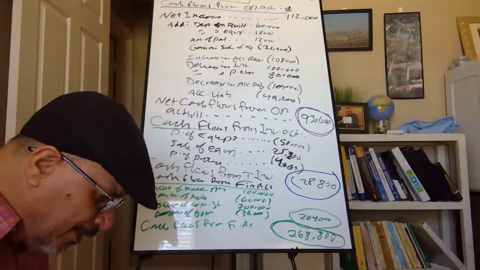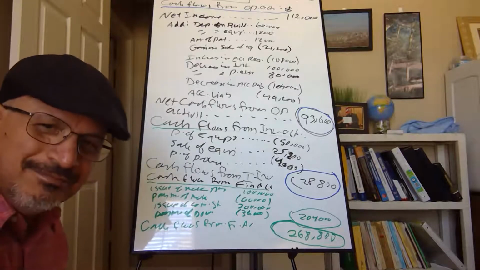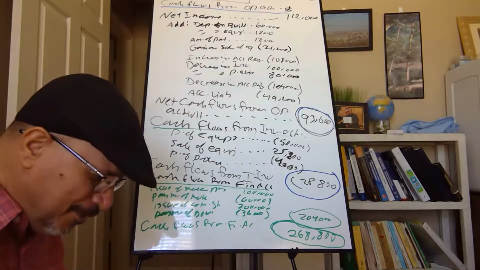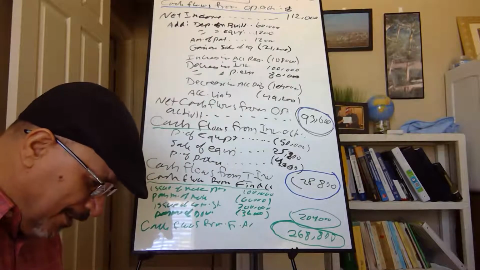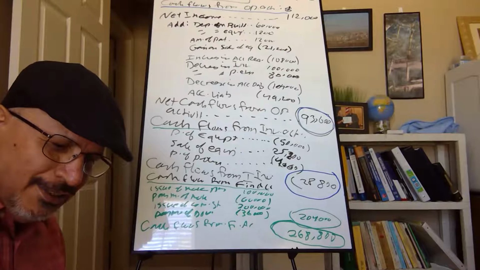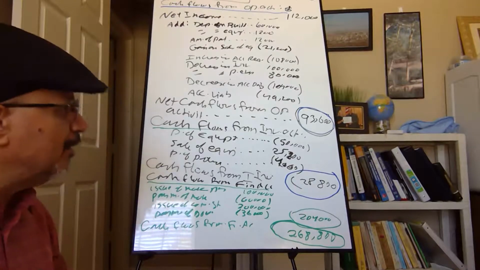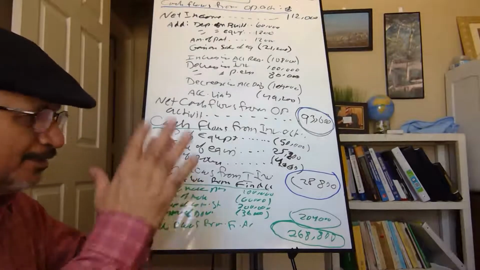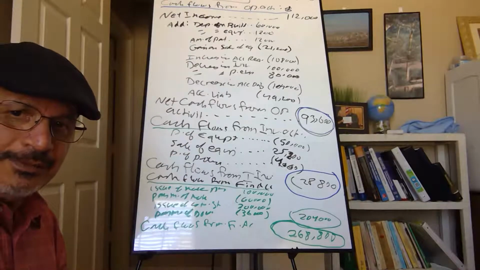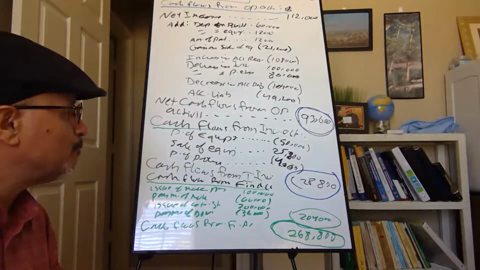That gives 268,800. Well, good. That means that's your check figure, the cash. Okay, that's it. That's a comprehensive problem of statement of cash flows that covers the chapter in general.